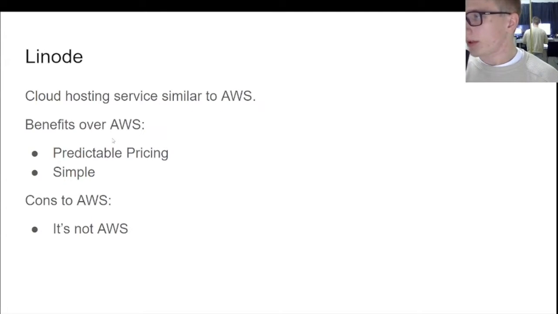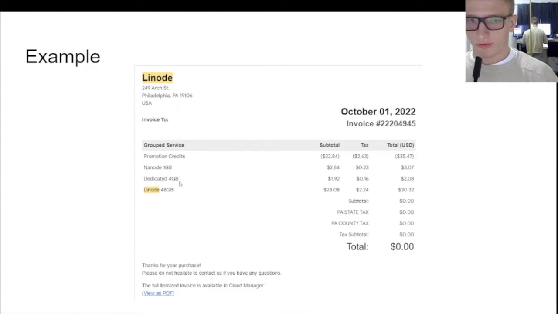If you want to host this on a server, I suggest using Linode over AWS for this case, because Linode has predictable pricing. For a nanode, it's only $3 a month, so I recommend using a nanode. And if you're successful at trading, then the $3 a month will be trivial.